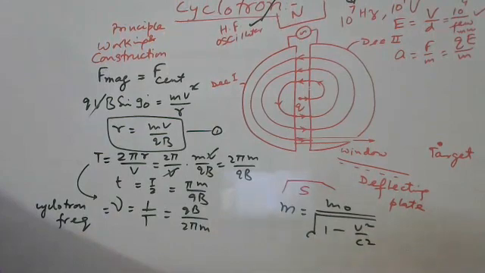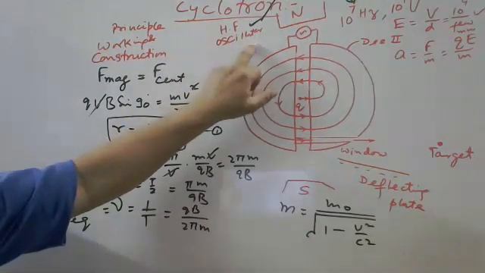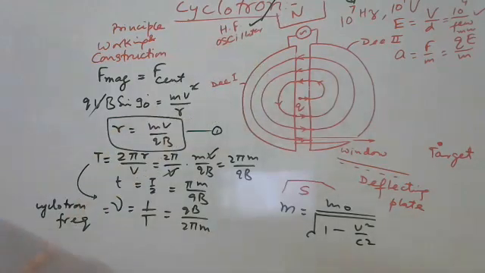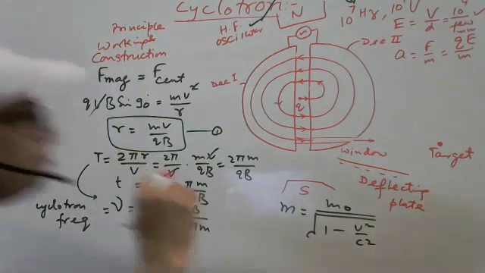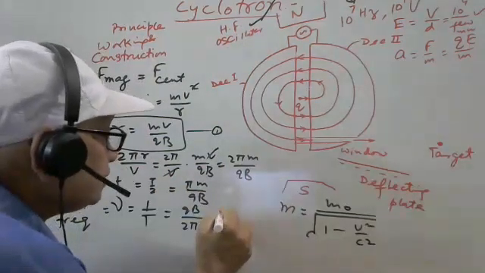If these two frequencies, the high frequency oscillator frequency and the cyclotron frequency, are matching, it is called resonance.